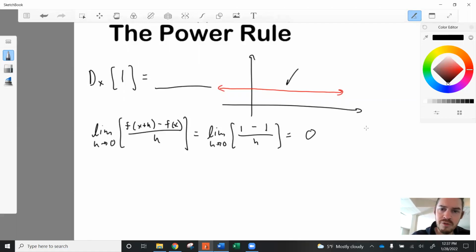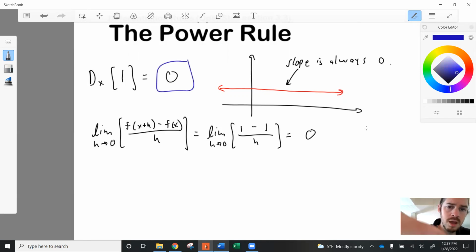And looking at the graph, no matter what point you pick on that graph, the slope is always 0. So this is one of the simplest functions we can have, and it's the simplest answer. The answer is just 0. So the derivative of 1 is 0.